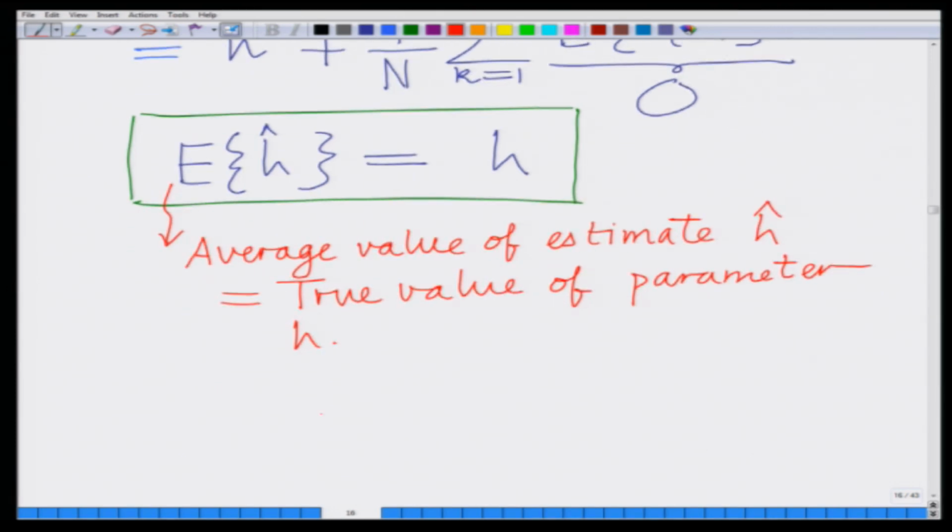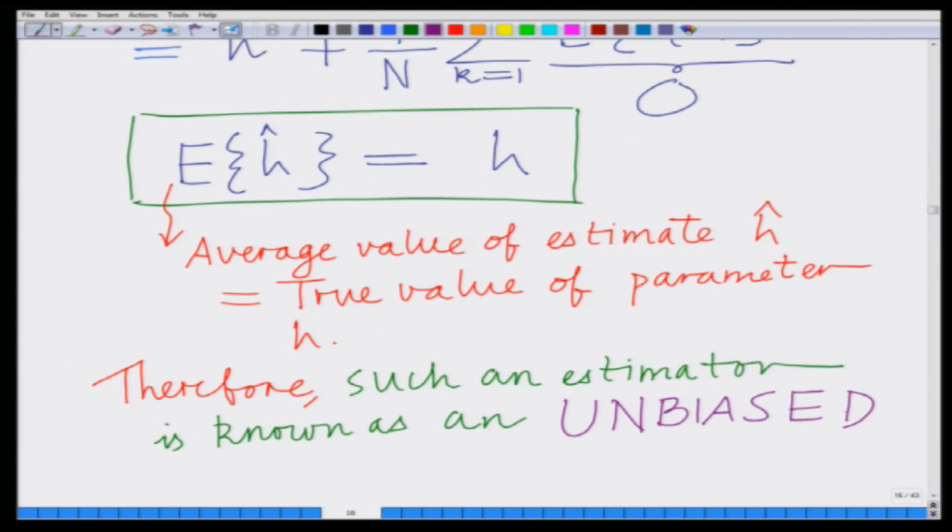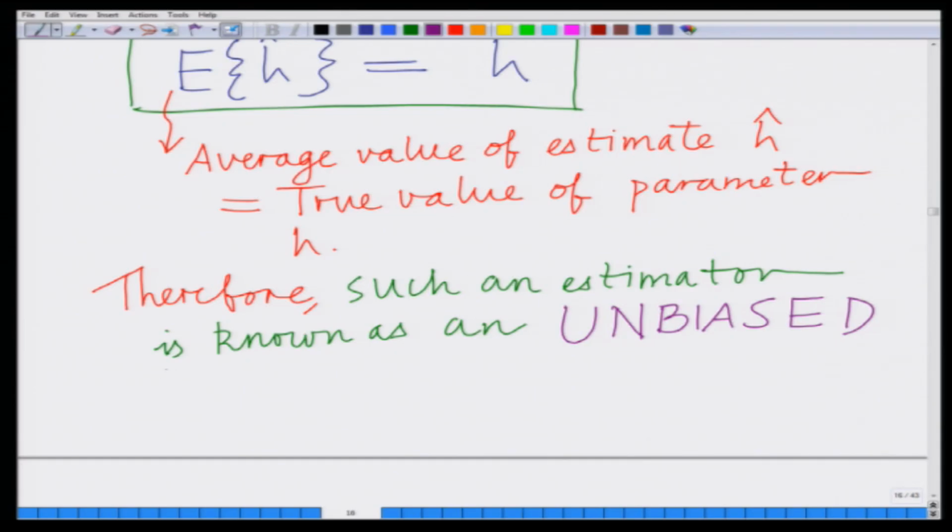Therefore, such an estimator is known as an unbiased estimator, that is, it has no bias, no preference.